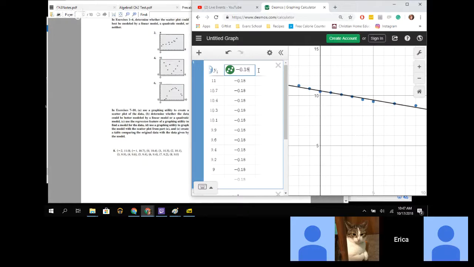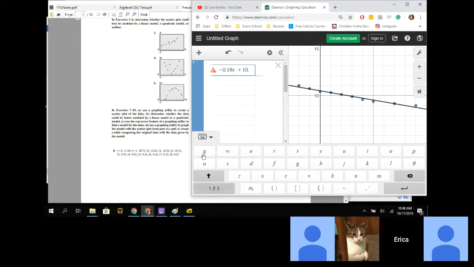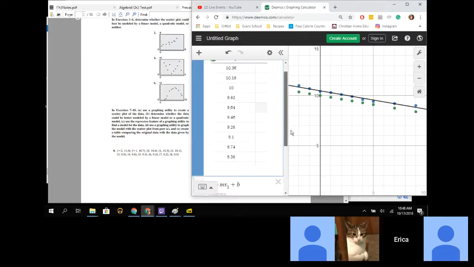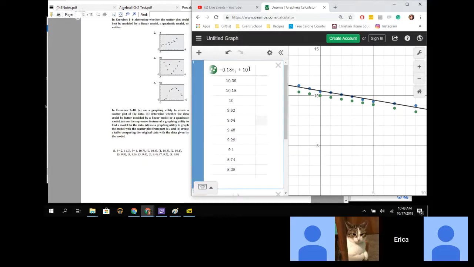So it's negative 0.18x plus 10. I need to tell it to pull from x sub 1. There we go. But I didn't get all my numbers quite right, so I need to go back down here. 10.4763.